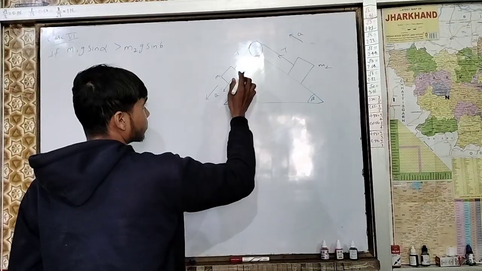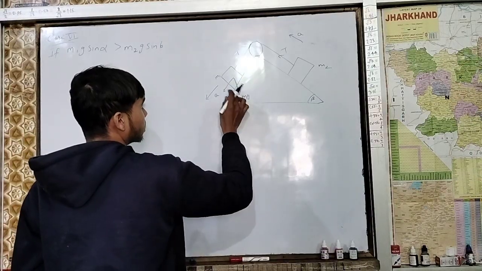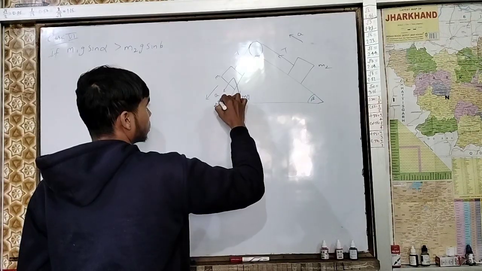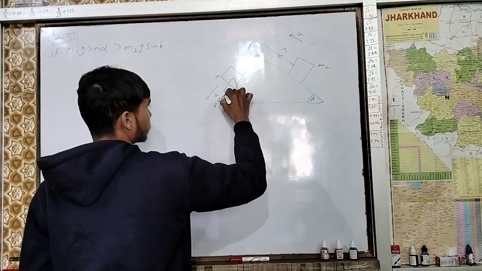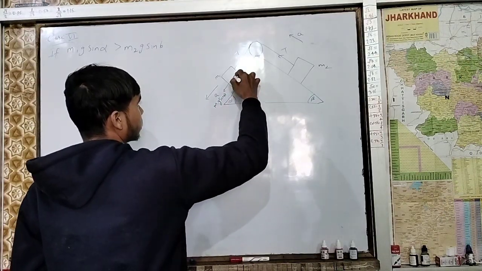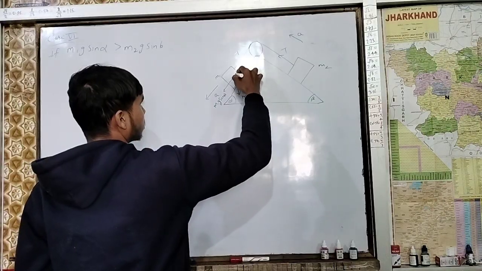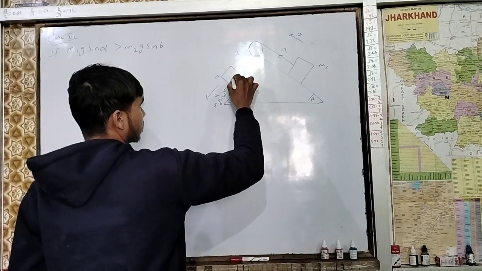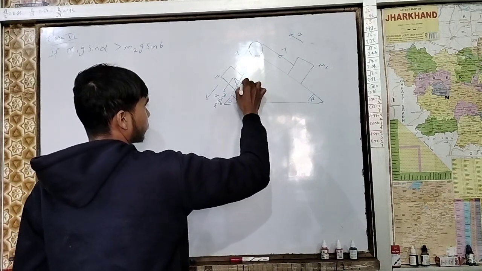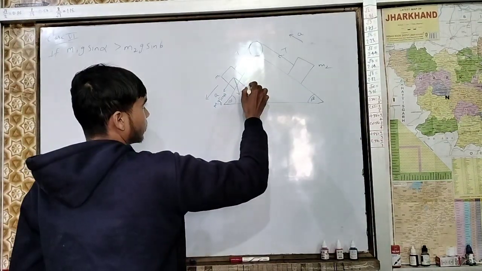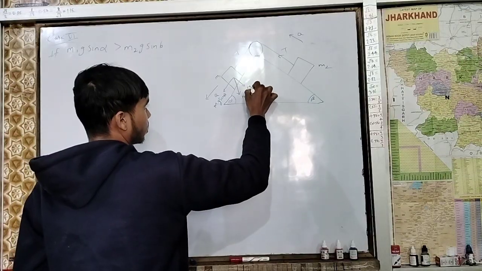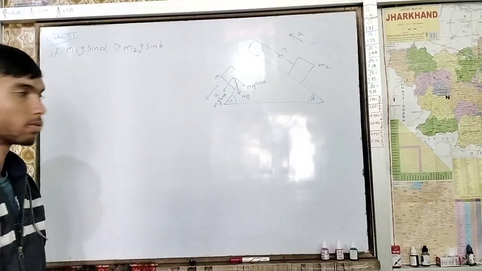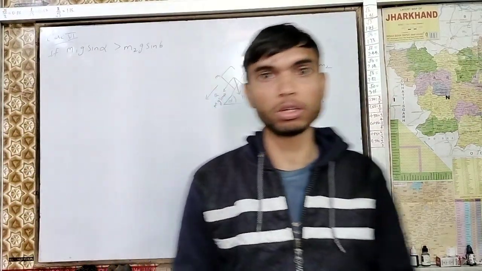According to this theta, this will be our m1 z sin theta, and downward, perpendicular, the next component will be m1 z cos theta. We got two components of m1z.